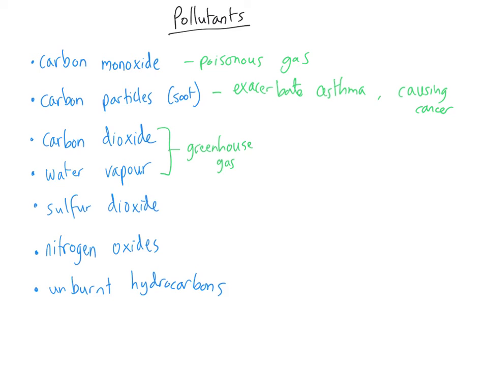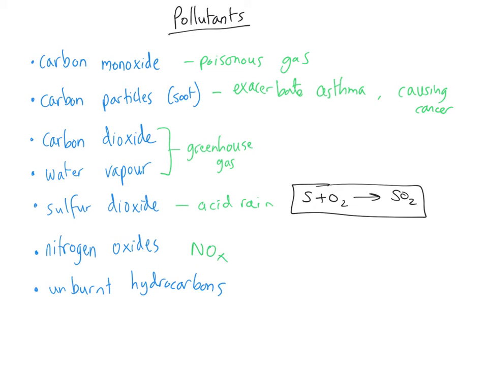Sulfur dioxide, which, remember I said that alkanes sometimes have sulfur dissolved in them, is a contributor to acid rain. And that's produced when sulfur reacts with oxygen to make SO2. That's a nice simple equation on there. Nitrogen oxides, sometimes abbreviated to NOx because they can be in various proportions, are most commonly produced in petrol engines because of the high temperatures present.